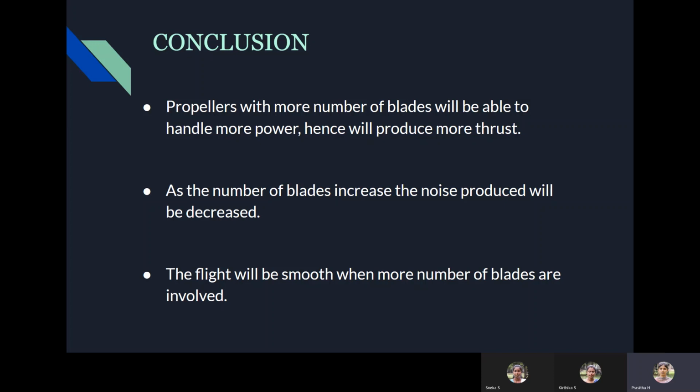As the number of blades increases, the noise produced will decrease. The flight will be smooth when more blades are involved, as this will reduce the vibration produced. So, by installing more blades, the discrepancies produced by the two-blade propellers could be overcome. Thank you.